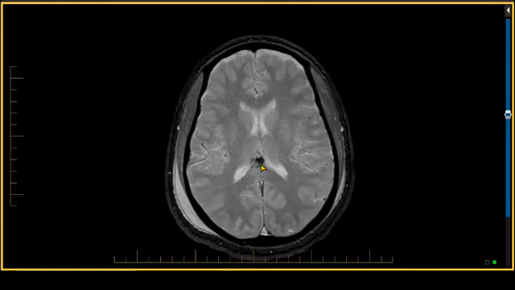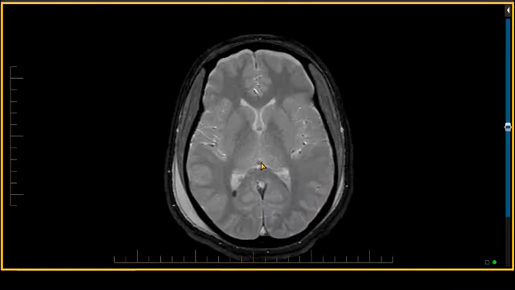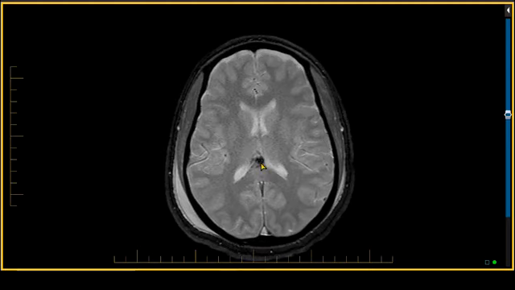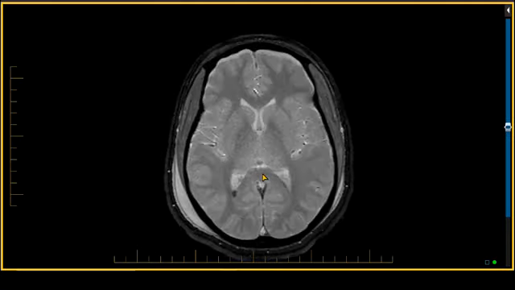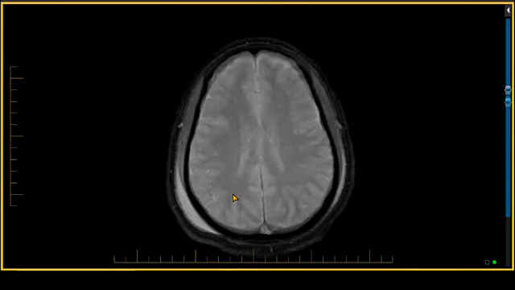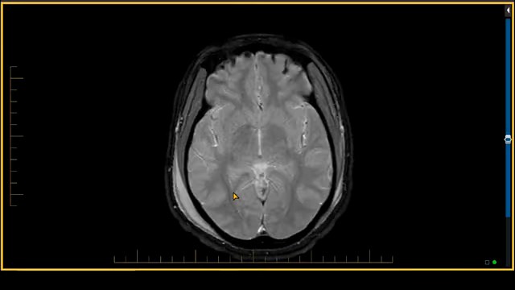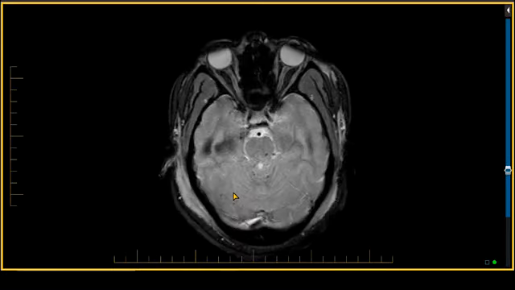Not only that, but as we get to the splenium of the corpus callosum, we see that indeed there is hemorrhage in the splenium of the corpus callosum and along the posterior septum pellucidum, extending to the edge of the splenium. You also see intraventricular hemorrhage on the gradient echo scan. As we go further inferiorly, we do see some of the blood products in the back of the brainstem.